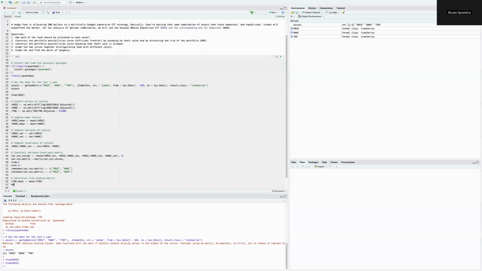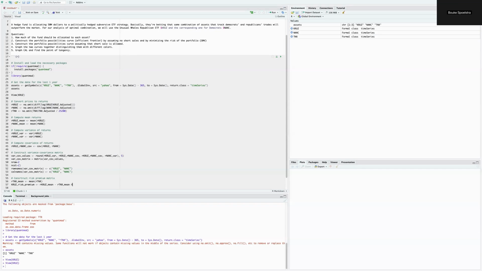And so the cruise risk premium is the mean of our cruise minus the mean bond return, so the risk-free rate.